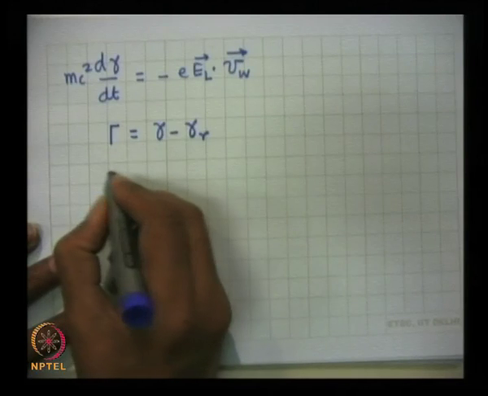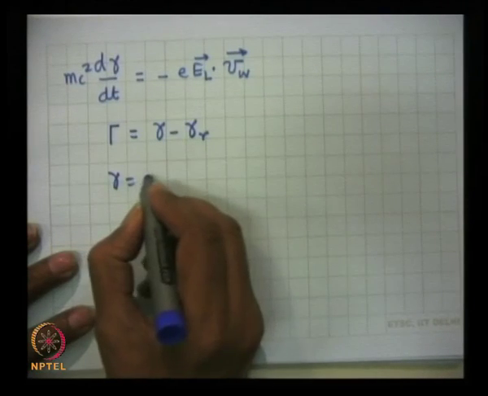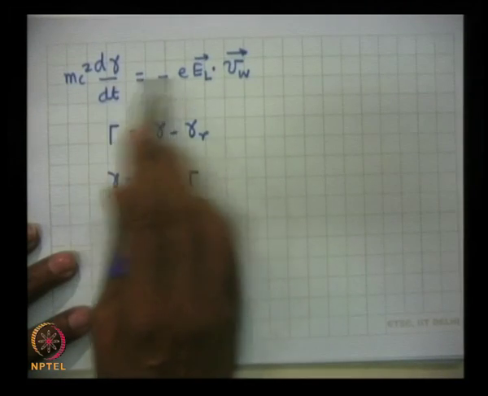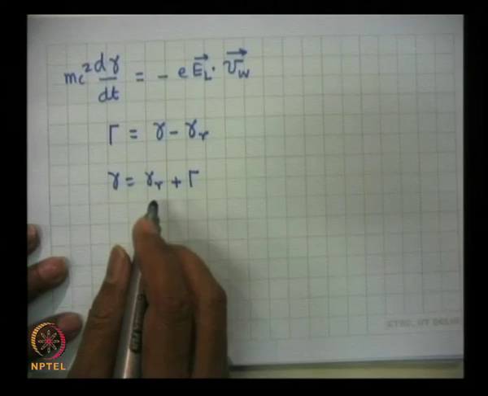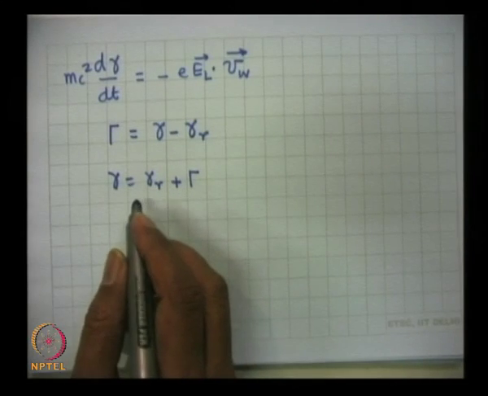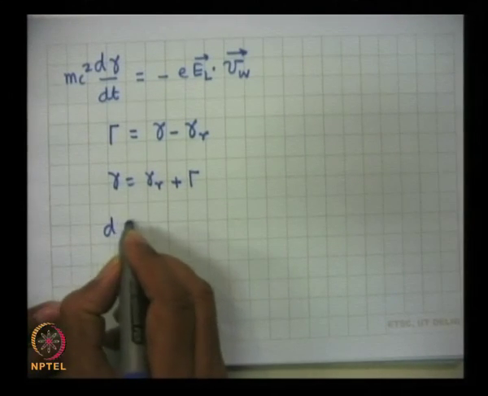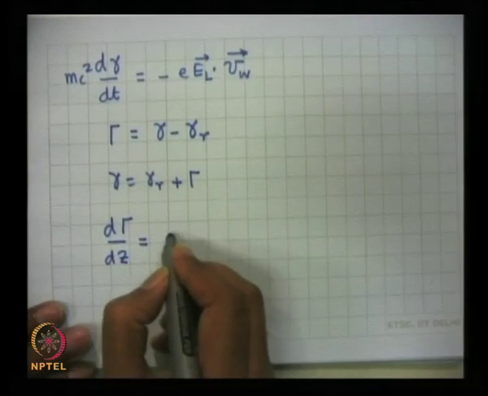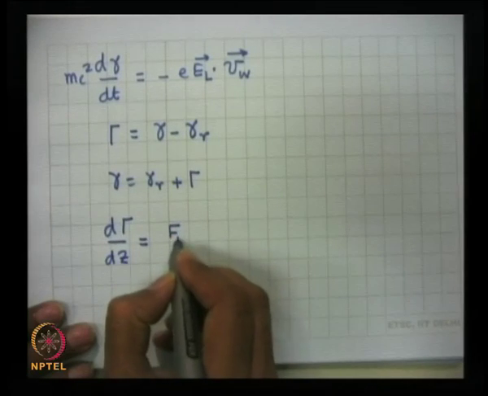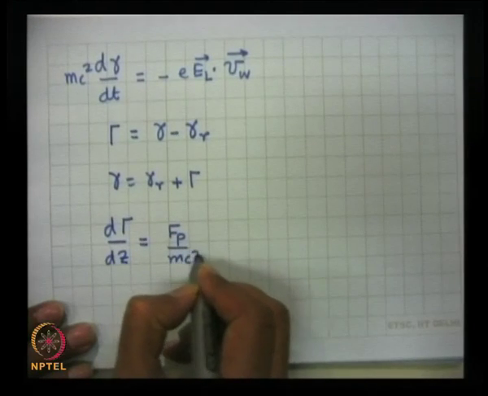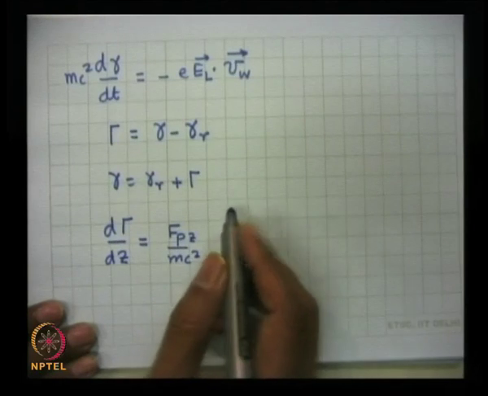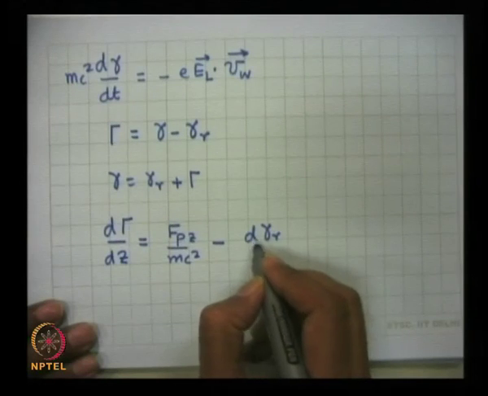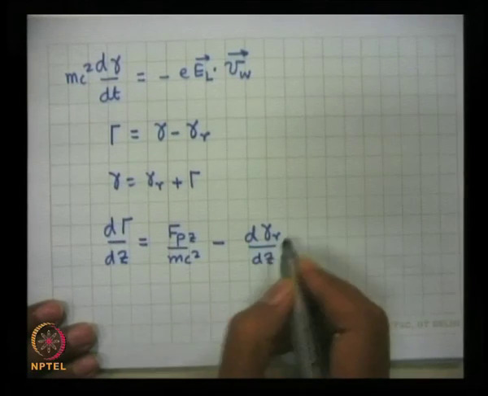So, I write gamma in this equation as gamma r plus capital gamma. Then the equation for capital gamma takes the following form: d gamma by dz turns out to be equal to the quantum motive force upon mc square, this is the z direction, minus d gamma r by dz. This I have to write explicitly here. This is the additional term that you get here.